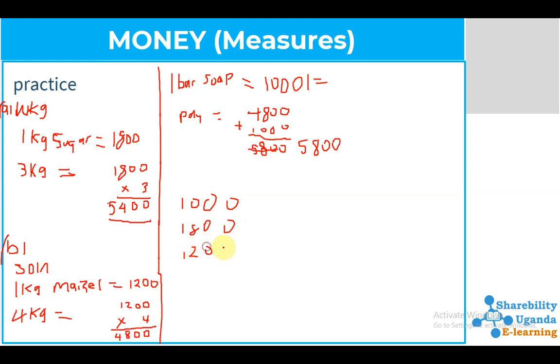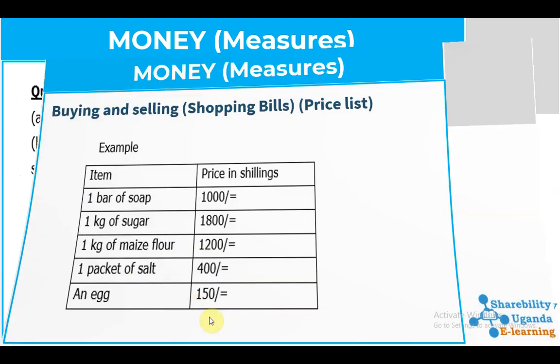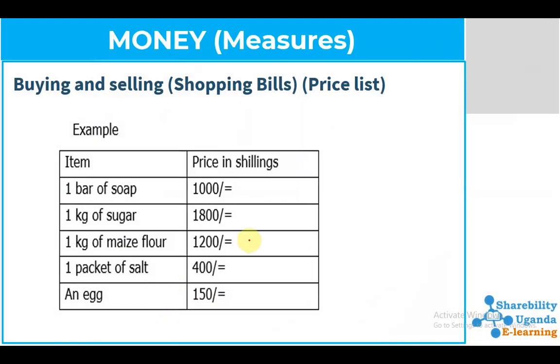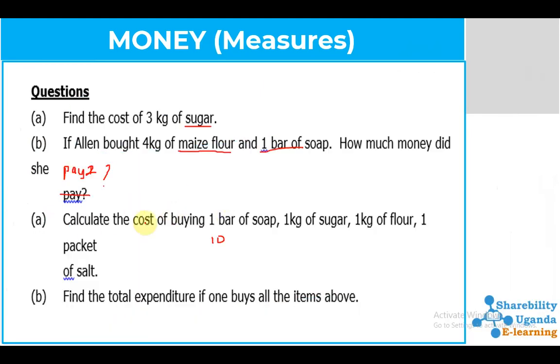Then they have talked about this. What is it? They have talked about a packet of salt. Here we have 1 bar of soap, sugar, flour, which is there, this.